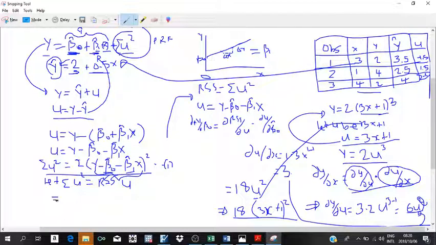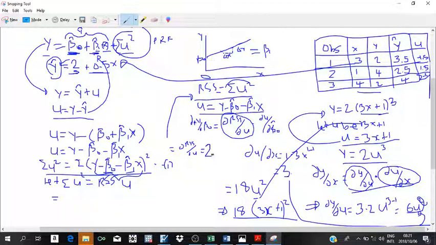Let's start with this one. Let's write it here. We go to this function. If we differentiate this one, the power comes down.